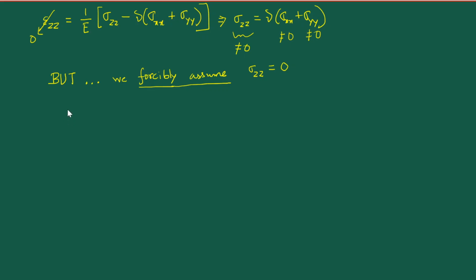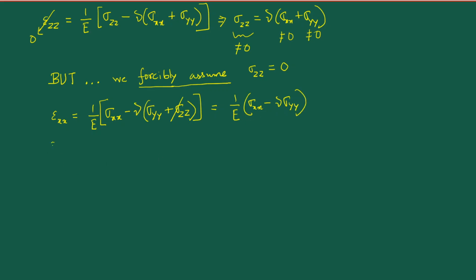Okay. All right. Now, once we have this, let us go to this expression for epsilon xx, again using the generalized Hooke's law expressions. So now we have assumed that sigma zz is 0. So this is 1 by E times sigma xx minus nu sigma yy.